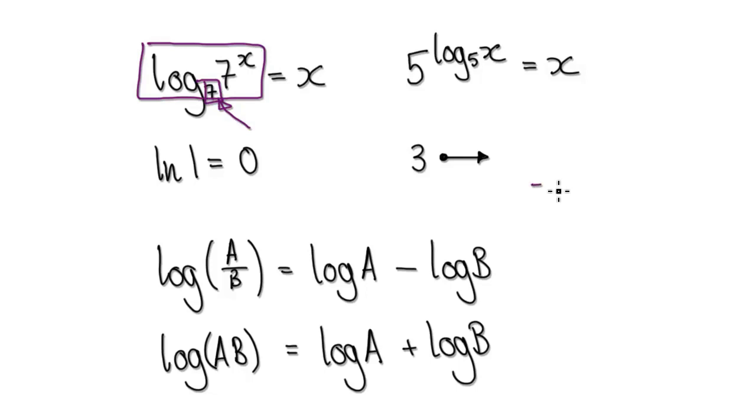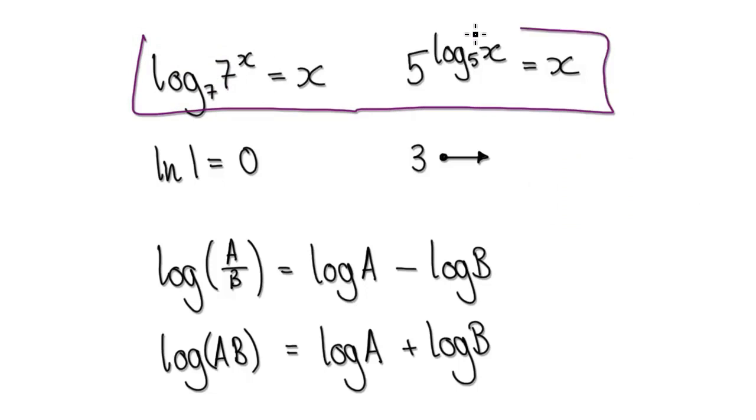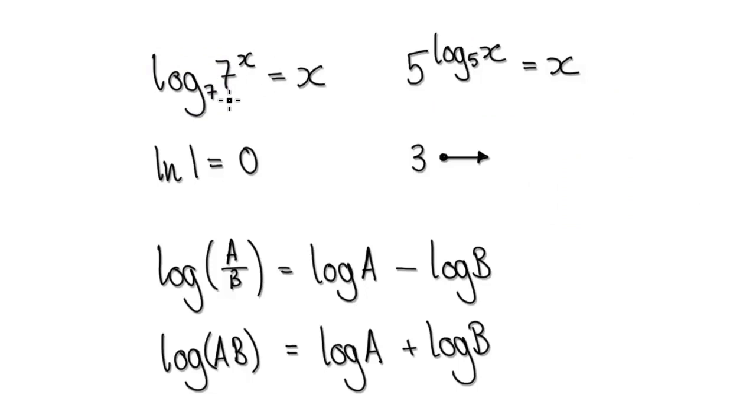It's 7 because this 7 here is this 7 here. 7 to the power of what will give me this thing here. And then the whole log block is talking about this index. So you can see that this must be x. I need you to ingrain this in your mind. You must know these two by heart.